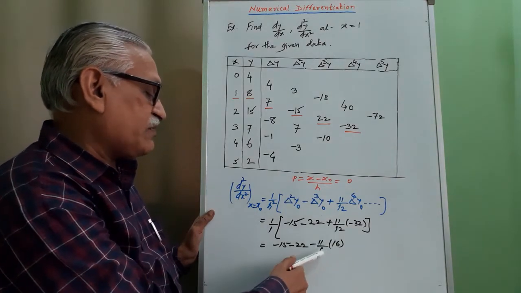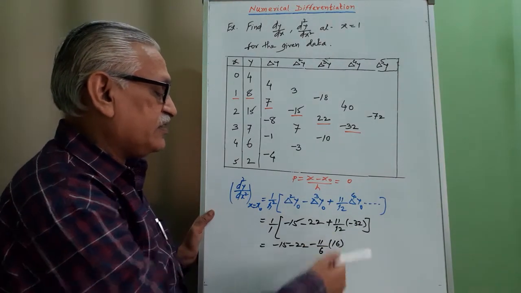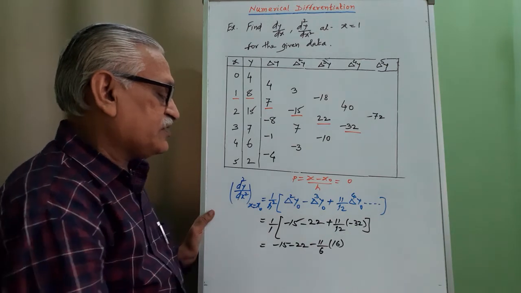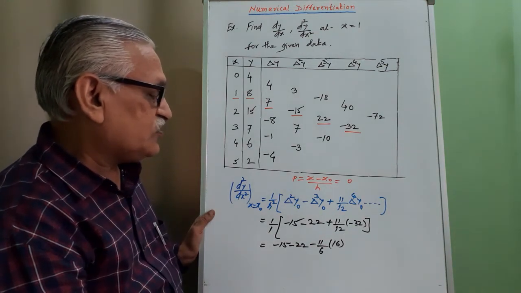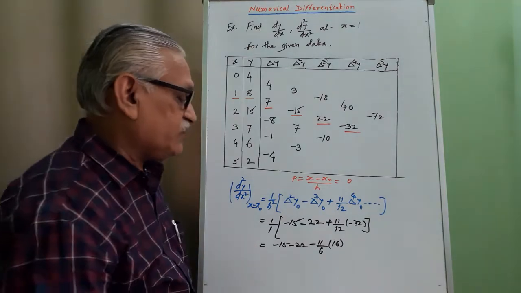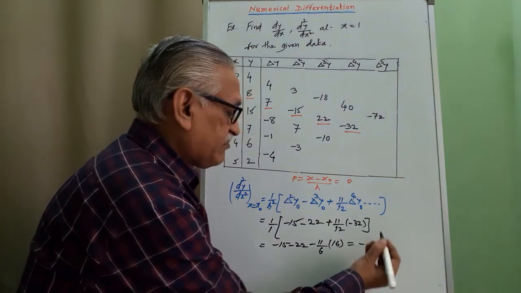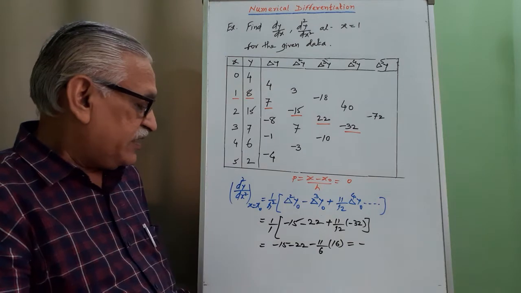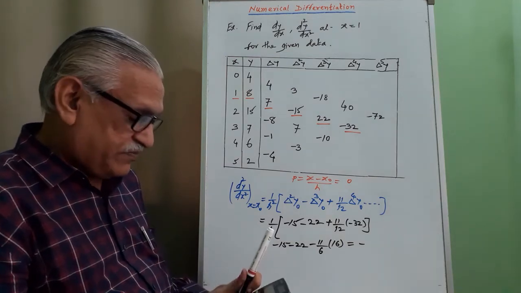Dividing by 2, 12 by 2 is 6, and dividing 32 by 2 is 16. With the minus sign, it is the addition of all these terms.